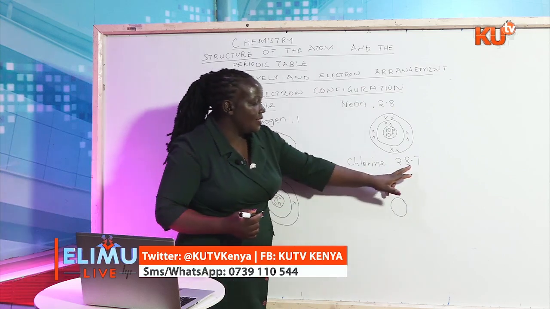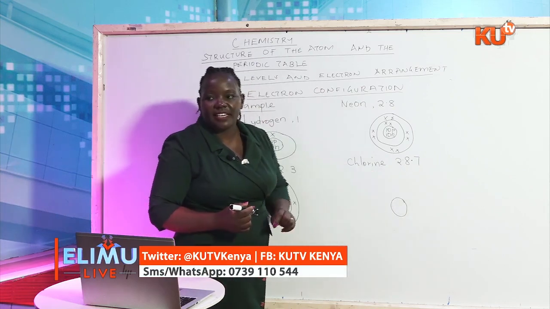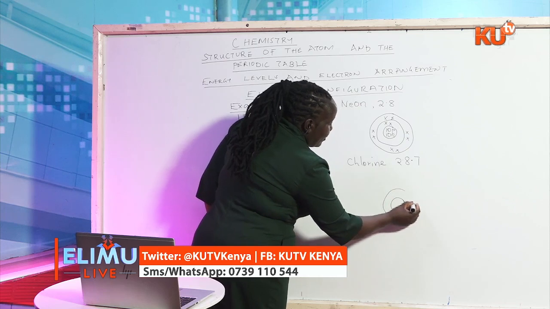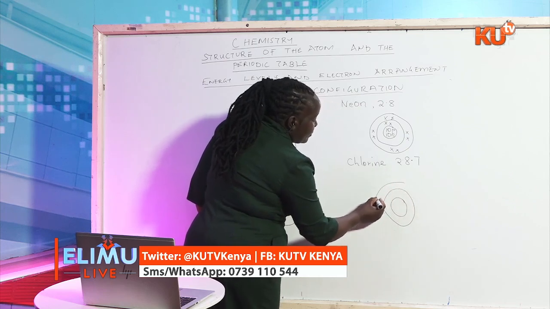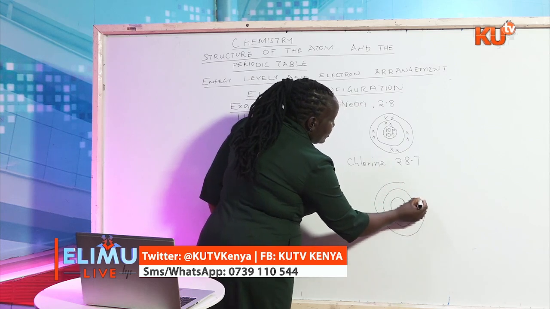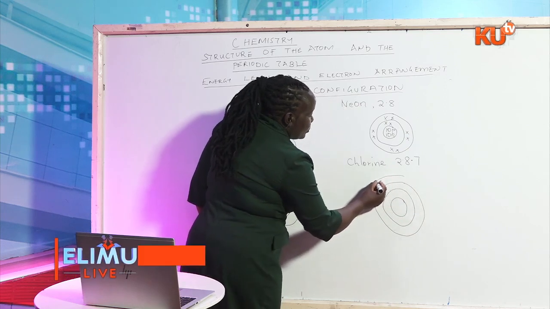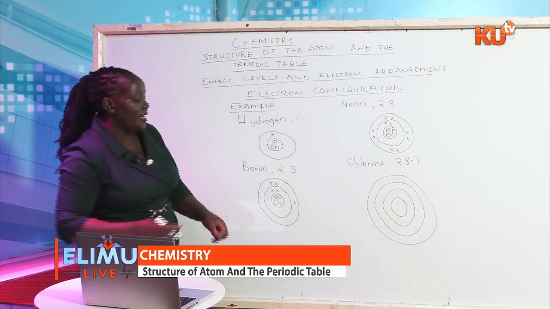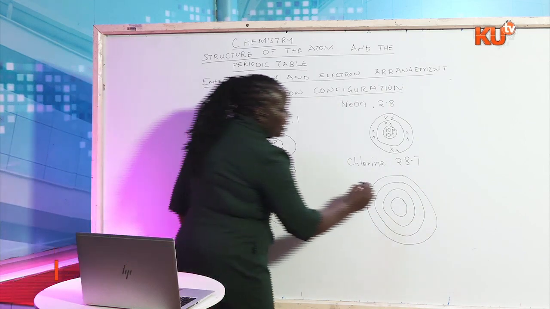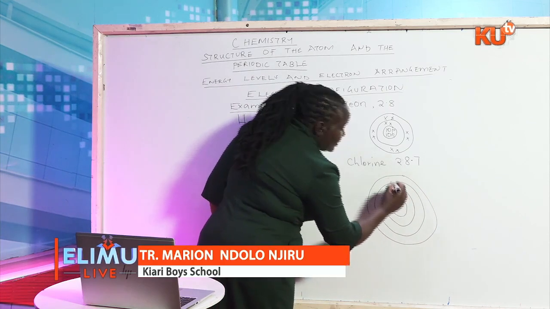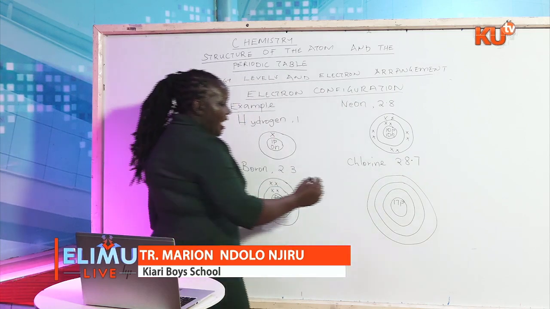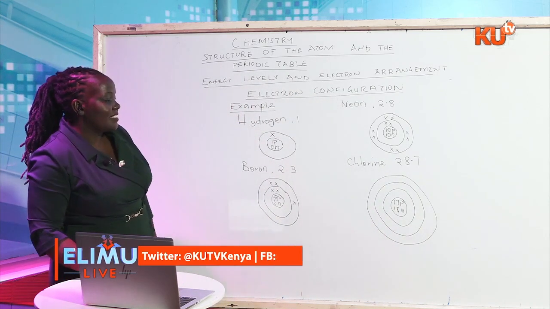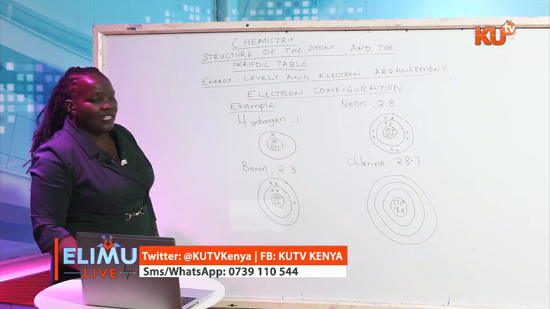Then this one has 1, 2, 3, it has 3 energy levels. I'll start with the content in the nucleus. Chlorine has 17 protons and 18 neutrons.